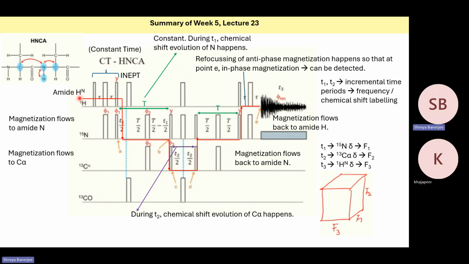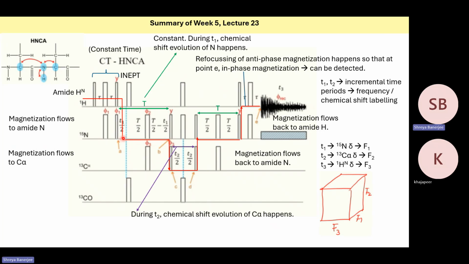You start the magnetization from the amide H, and there is an INEPT sequence. INEPT, we know, will transfer the magnetization to the less sensitive nucleus, that is 15N. That is this transfer from the amide hydrogen to the nitrogen.